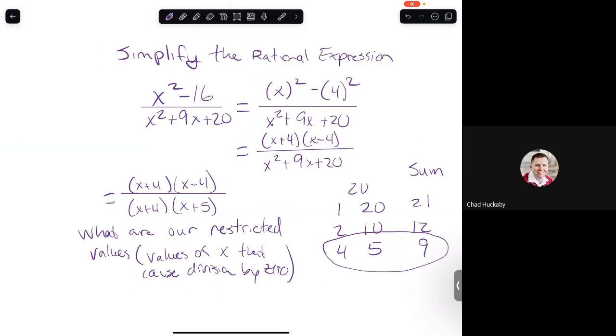So what values in the denominator will cause division by 0? I would say if x plus 4 was equal to 0, or x plus 5 was equal to 0, that would cause us a problem. So what values of x will cause that to be 0? Well, if x plus 4 is equal to 0, then x must be equal to negative 4. And if x plus 5 is equal to 0, x must be negative 5.